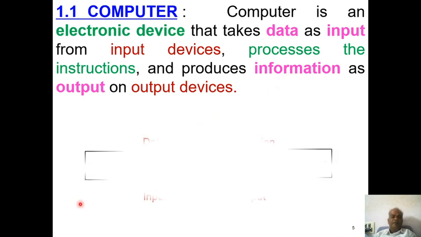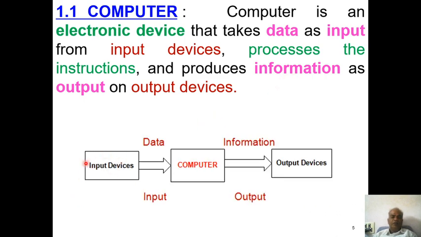In a computer system, we give the data through the input devices. The computer system processes the data and produces the information on the output devices. So the user gives the data through the input devices, and the computer system accepts the data from the input device and produces the information to the output devices.